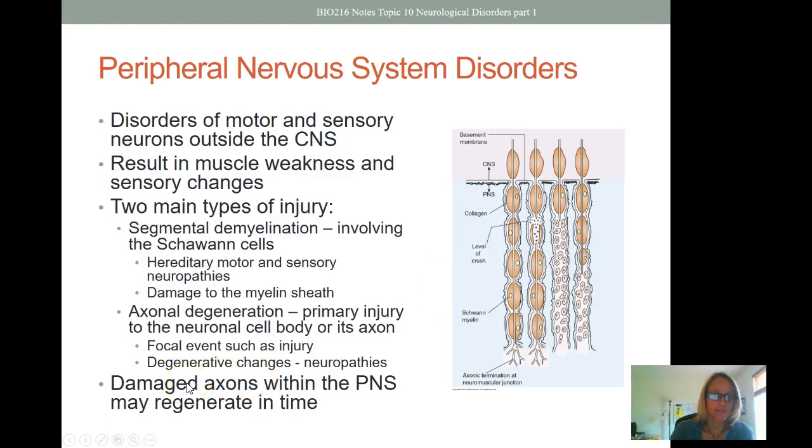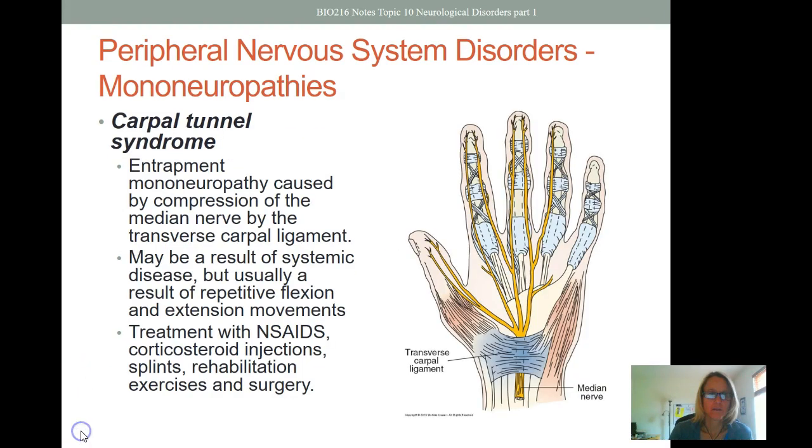Now, damaged axons within the peripheral nervous system may regenerate in time, but remember, central nervous system axons may not. One mononeuropathy is carpal tunnel syndrome, and this is caused by compression of the median nerve by the transverse carpal ligament.